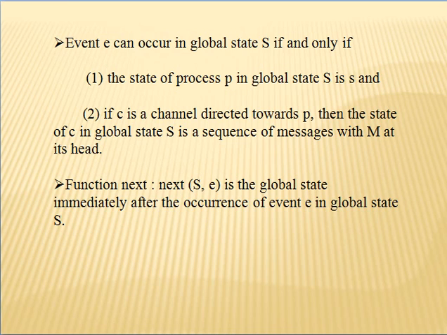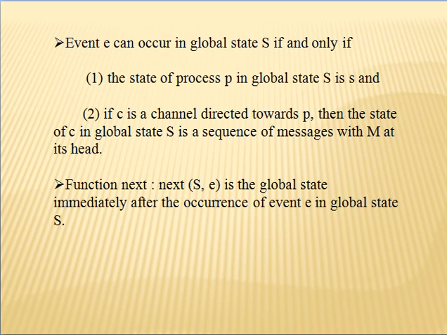And if C is a channel that is directed towards P, then the state of C in next of S comma E is the state of C in S with message M deleted from its head.